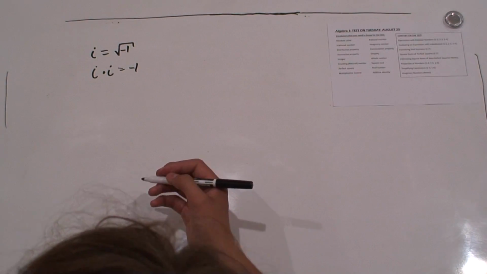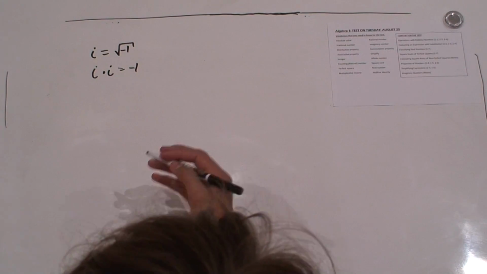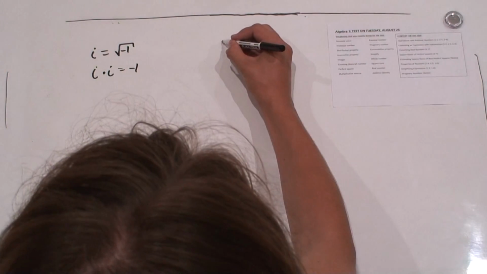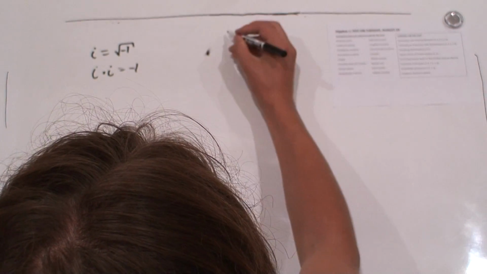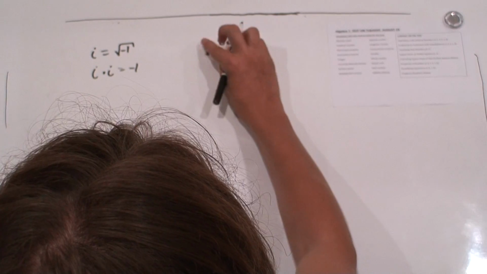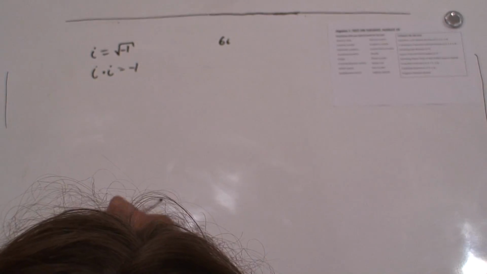An imaginary number doesn't have to be just i. An imaginary number is also classified as things such as 6i, because it is a number times an imaginary number.